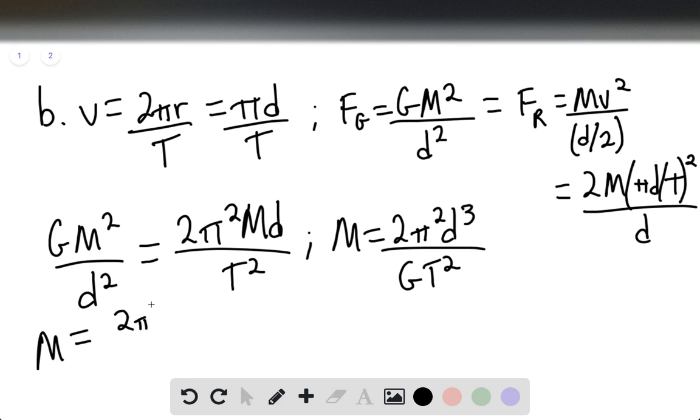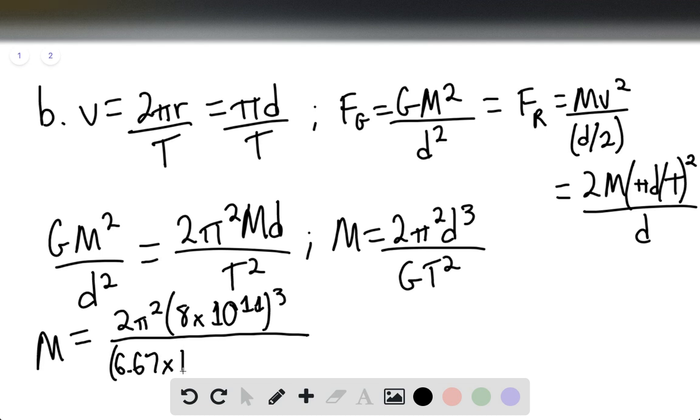So 2 pi squared times d, so 8 times 10 to the 11th cubed, divided by 6.67 times 10 to the negative 11th. And then t squared would be 12.6 years.